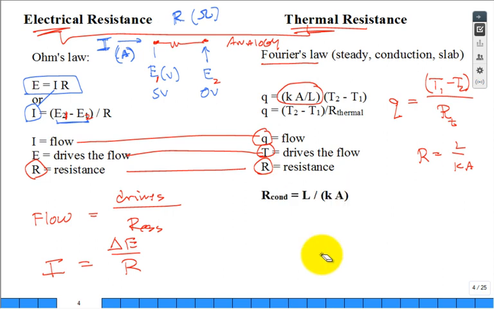And that thermal resistance, probably the biggest equation in this class other than the heat diffusion equation and Fourier's law, is just L over kA. That's the resistance to steady state flow through a layer of material. L over kA. Hey, what was L again? Length. What was k again? Thermal conductivity. What is A again? Our area that's perpendicular to the flow.